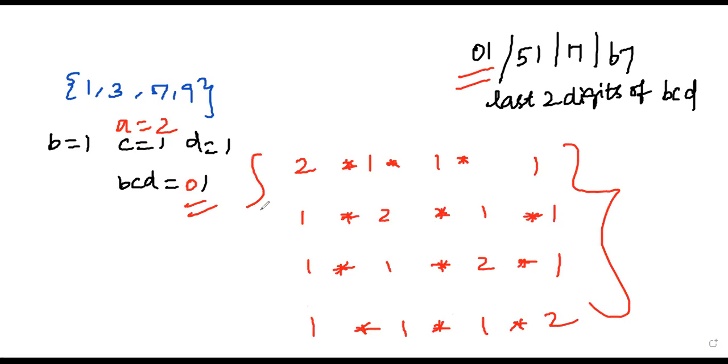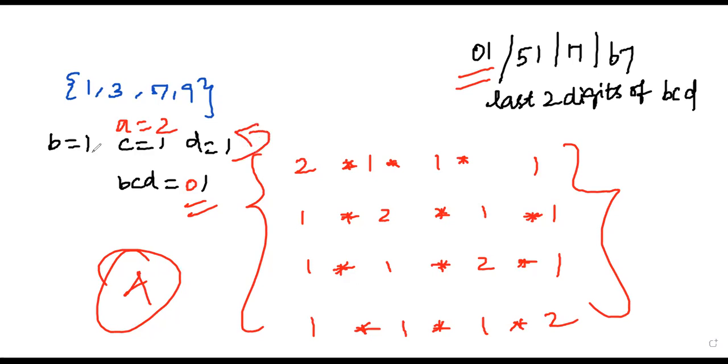So these are the four possible options for this A, B, C, D value. Okay. So when you substitute A as 2 and B as 1, C as 1, D as 1, you are getting these four quadruples. All right.